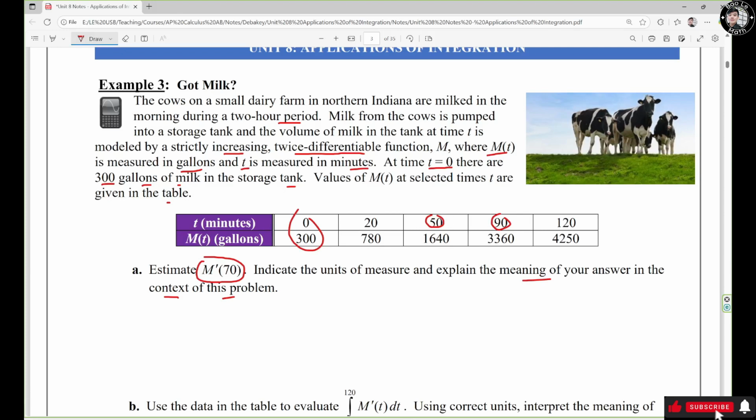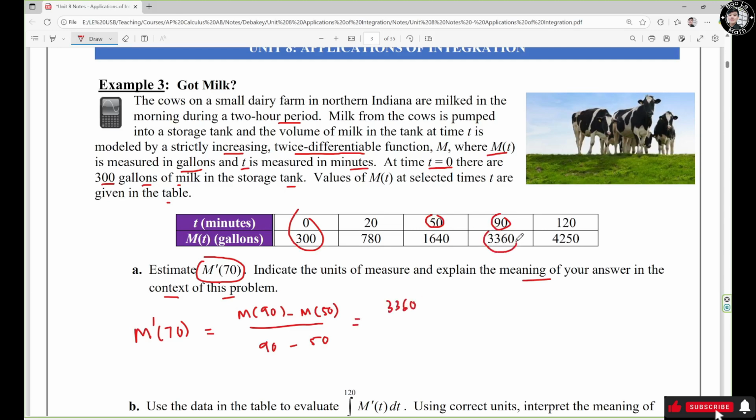So you have m prime of 70 equals m of 90 subtract m of 50, divide by 90 subtract 50.